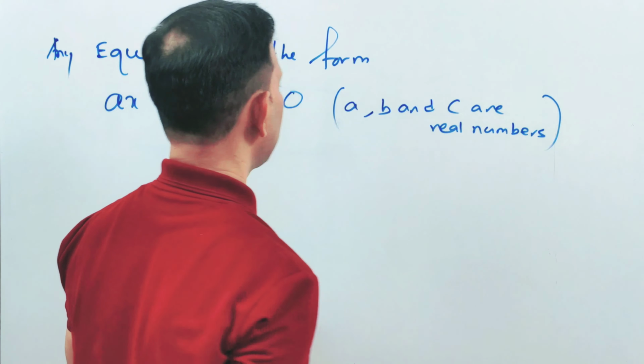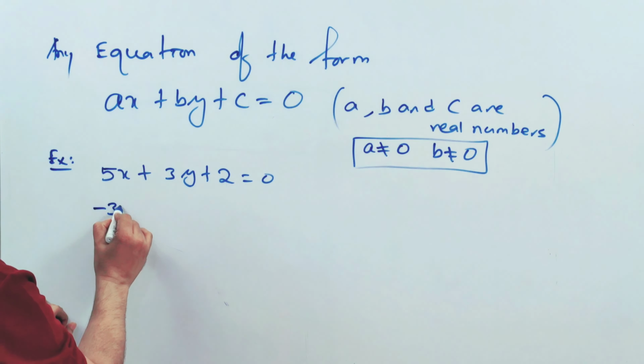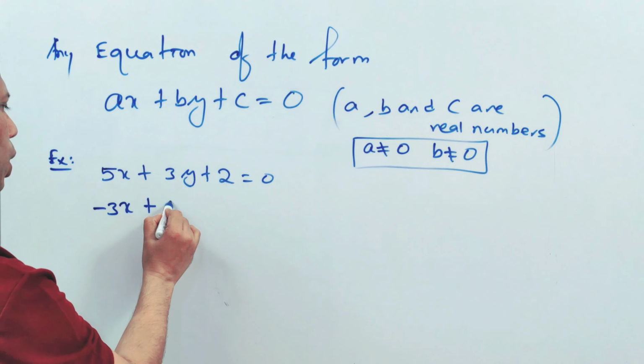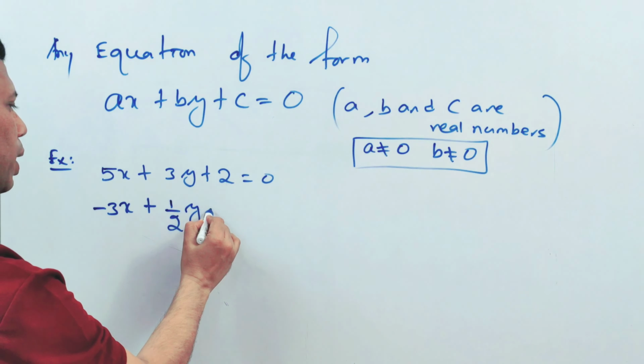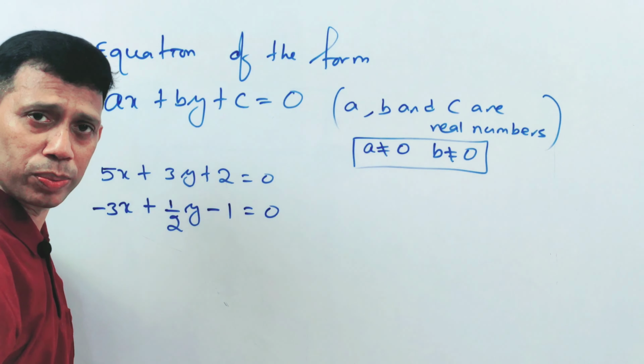So now I will write some examples. Let 5x plus 3y plus 2 is equal to 0. You can see in place of a, 5 is there, in place of b, 3 is there, in place of c, 2 is there. Now another example: minus 3x plus 1 by 2 y minus 1 is equal to 0.